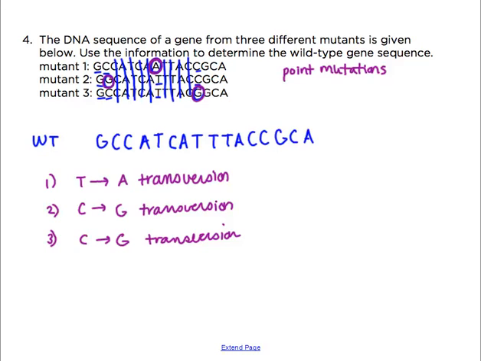So all 3 mutants had a point mutation that was a transversion, and they actually all went from a pyrimidine to a purine. And just for your knowledge, remember that a transition would be a pyrimidine to a pyrimidine, like a C to a T, or a purine to a purine, like an A to a G. So this is just a side note.